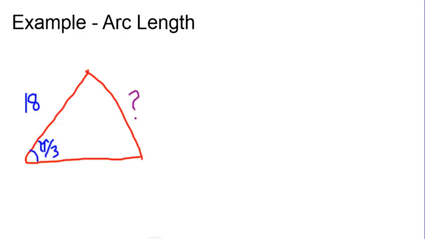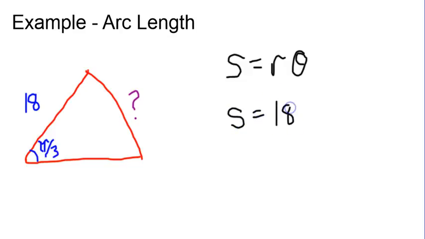If we're working with radians and we want to find the arc length, we're using the formula S equals R times theta. S is what we're looking for, the distance on the outside, like the crust of the pizza. S is equal to our radius, 18, times our central angle, pi over 3.